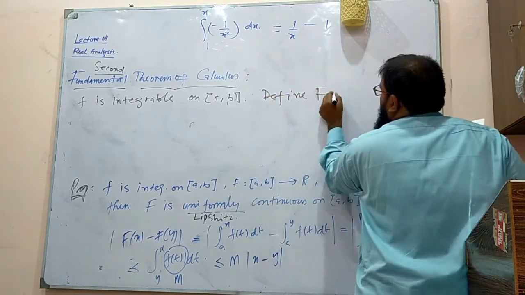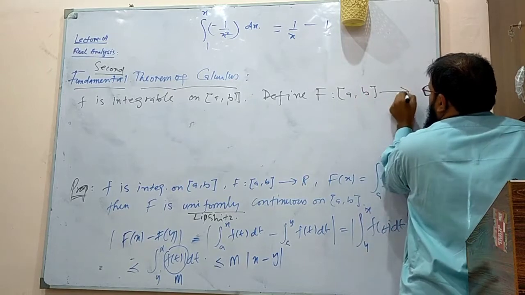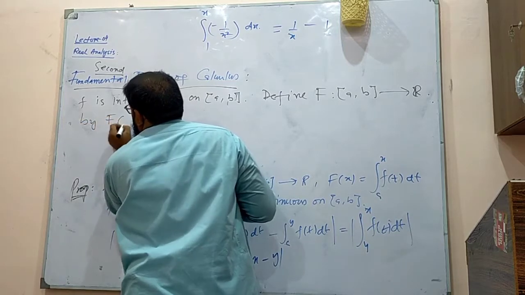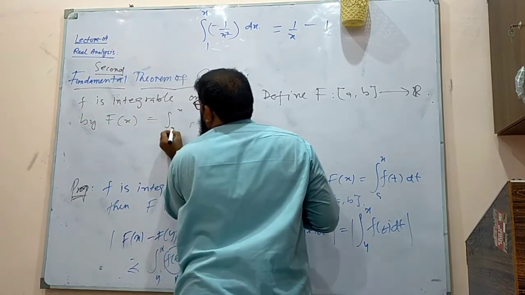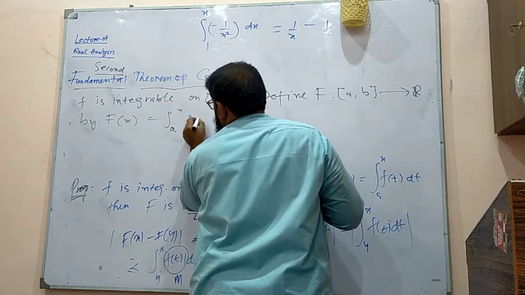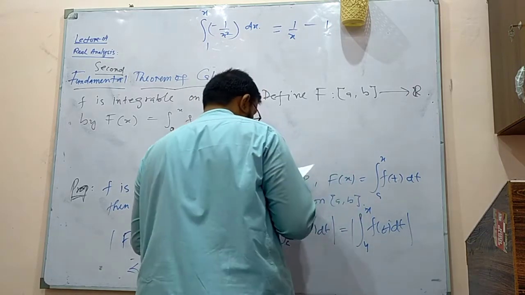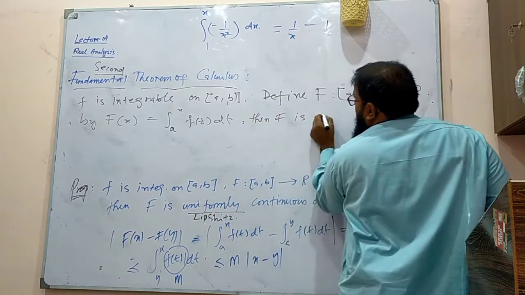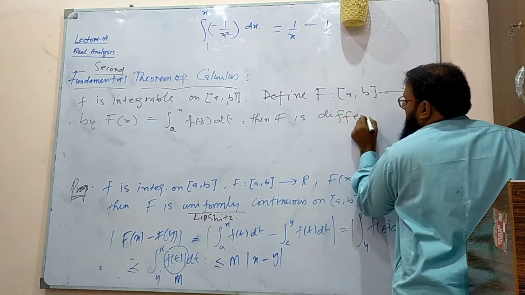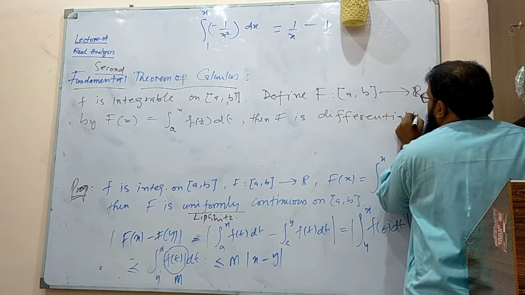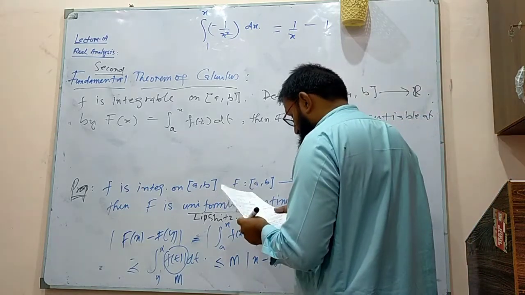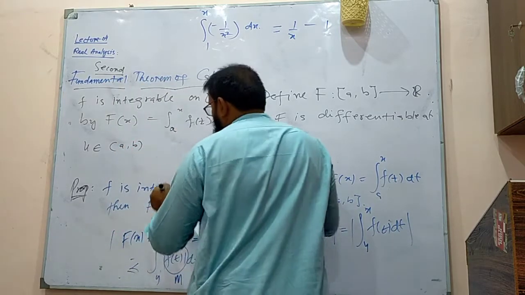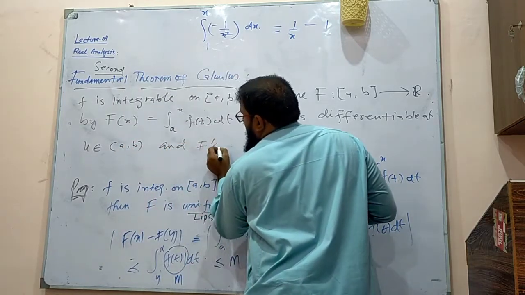Define capital F by F of x to be the integral from a to x of f of t dt, then capital F is differentiable at x and F prime of x is equal to f of x.